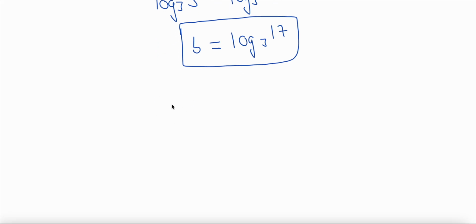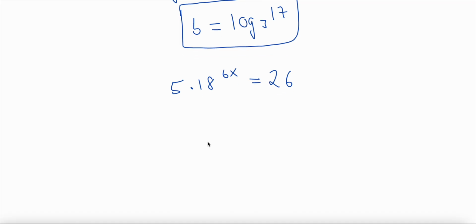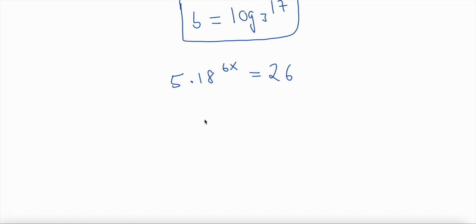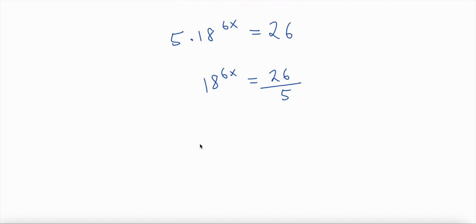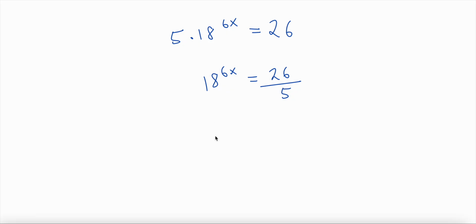We have 5 times 18 to the 6x equals 26. All right, the first thing we're going to want to do here is divide both sides by 5. So we're going to have 18 to the 6x equals 26 over 5. And now we can go ahead and apply a logarithm to both sides with a base of 18 to undo this on the left-hand side.